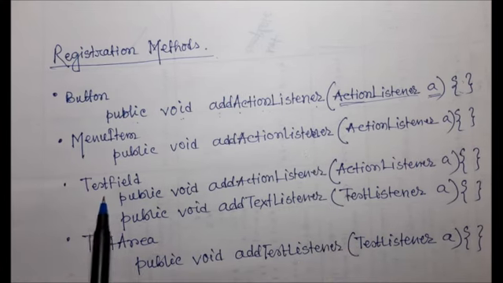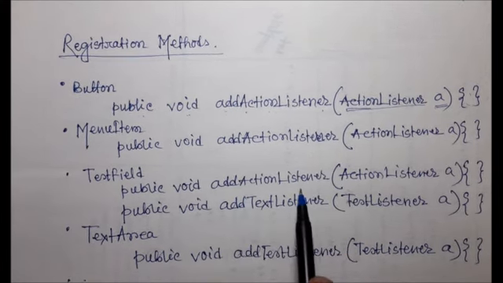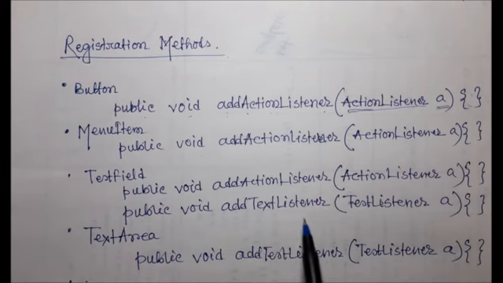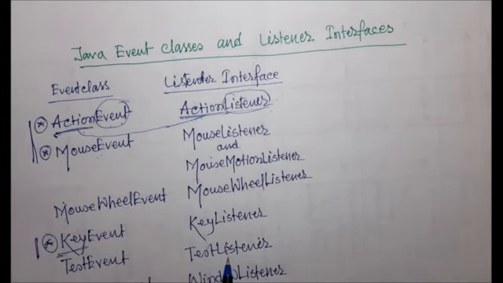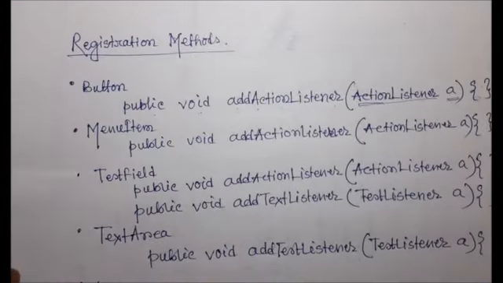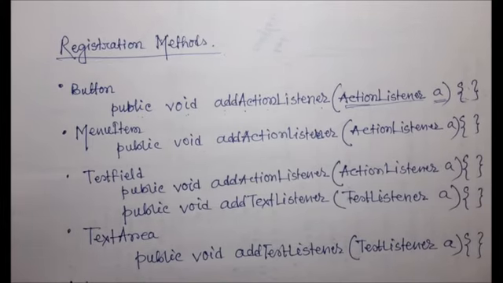In case of text field, we use add action listener. We can even use add text listener. We have already mentioned that text listener is also text driven, right? So that is also usable. If I use any text area, you already know what the text area means.